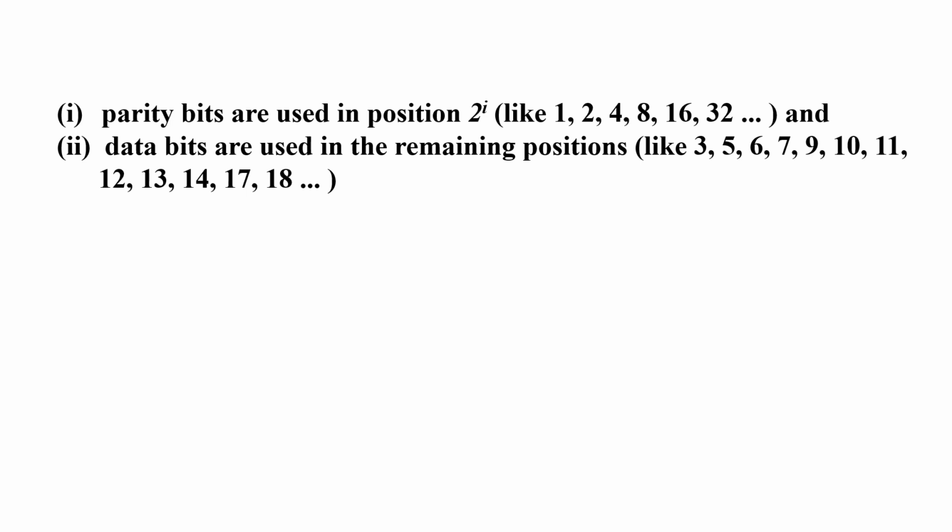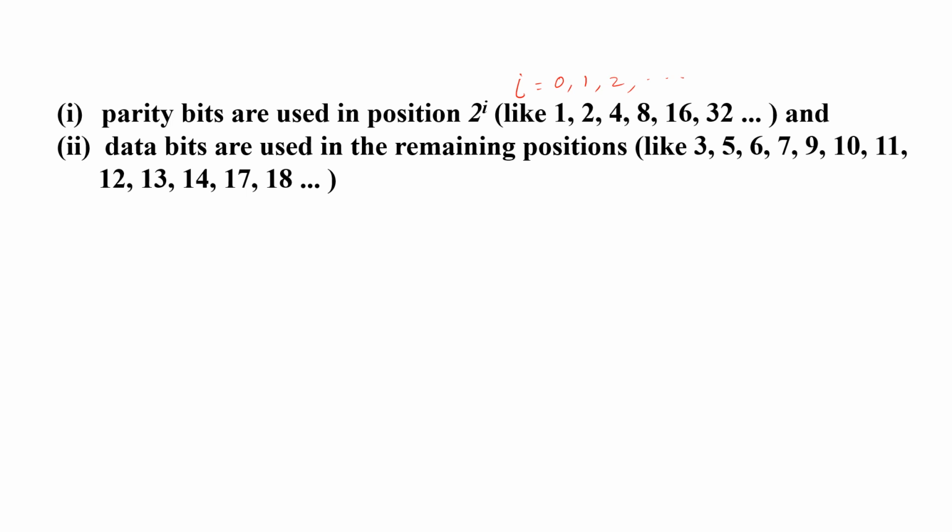Now we are going to see, in a Hamming code, in which positions the parity bits are used and in which positions the data bits are used. The parity bits are used in positions 2 power i, where i represents 0, 1, 2, and so on.